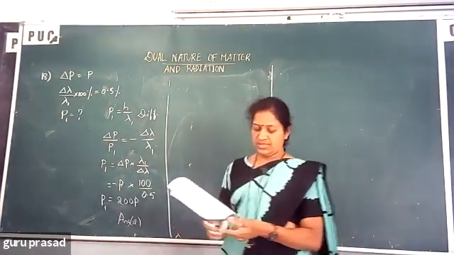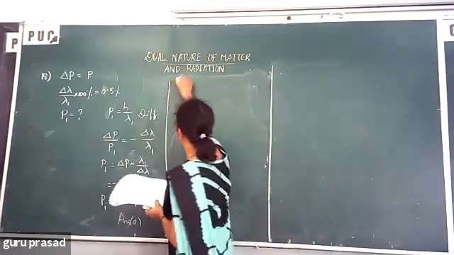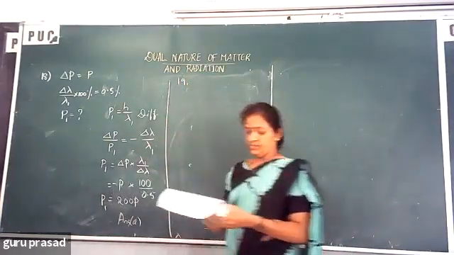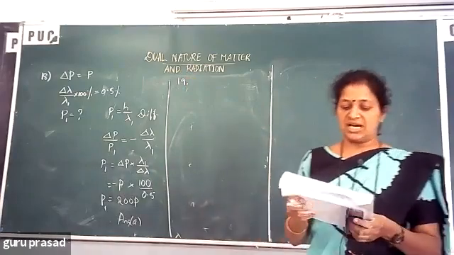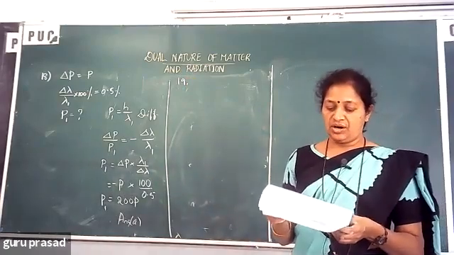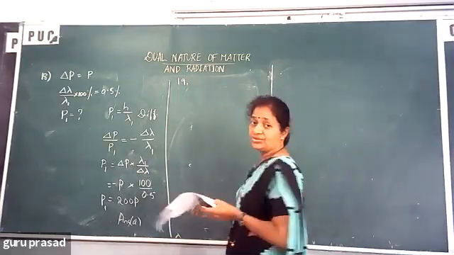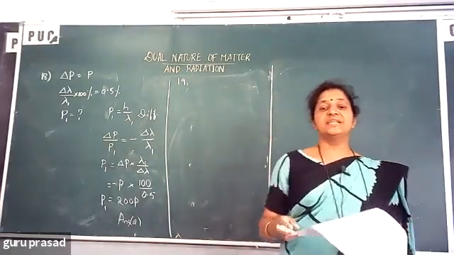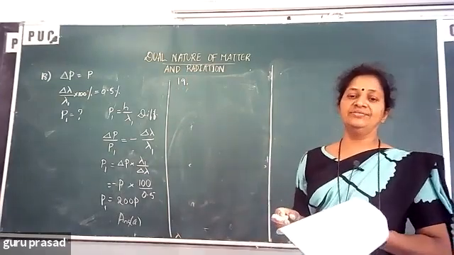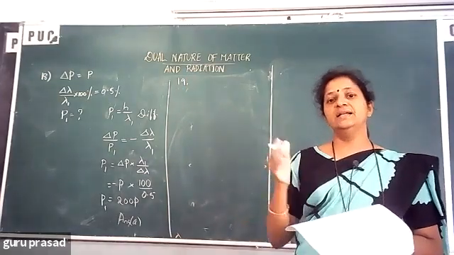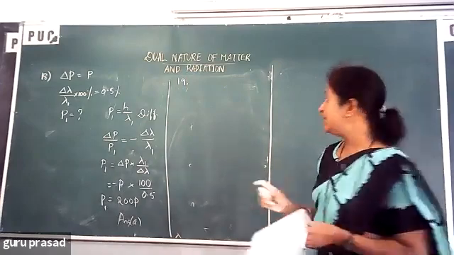Okay. Next one, 19th one. The ratio of specific charge of hydrogen ion to that of the electron. I told you, specific charge means it is the ratio of the charge of the particle to its mass, e by m.